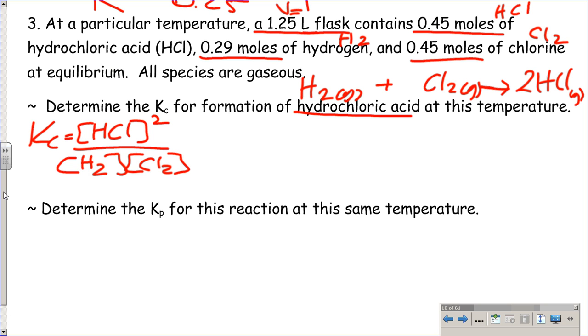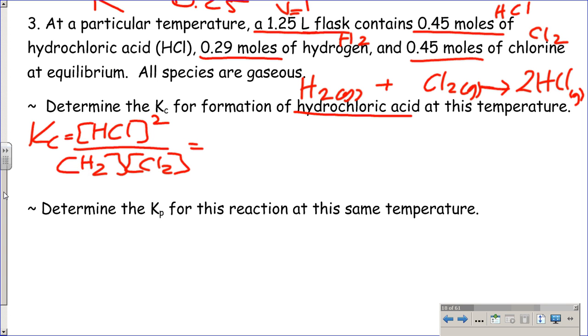However, we are not given concentrations. What are we given? Moles and liters. Can you get concentration? Oui. Okay, cool. So you can actually plug in the numerator and denominator in one little bubble, or you can calculate it first and then plug it in. I'm just going to put the numbers. I don't have my calculator in front of me.